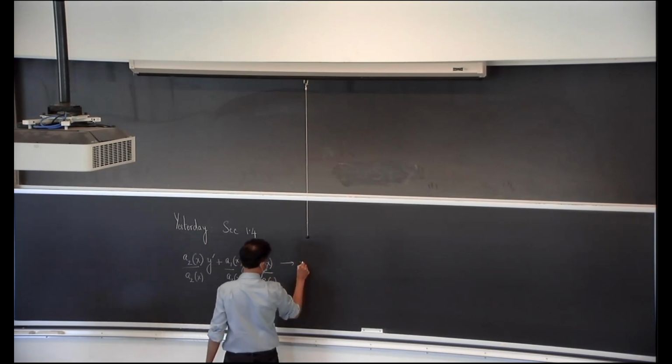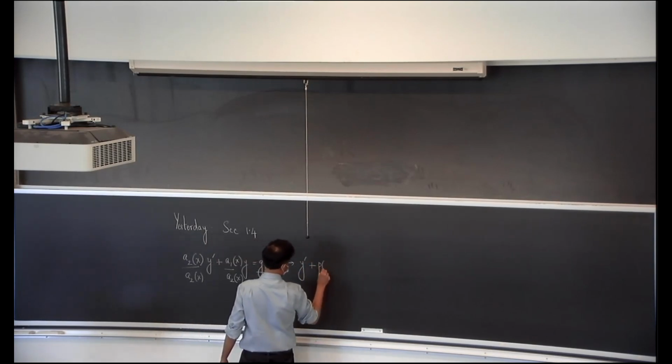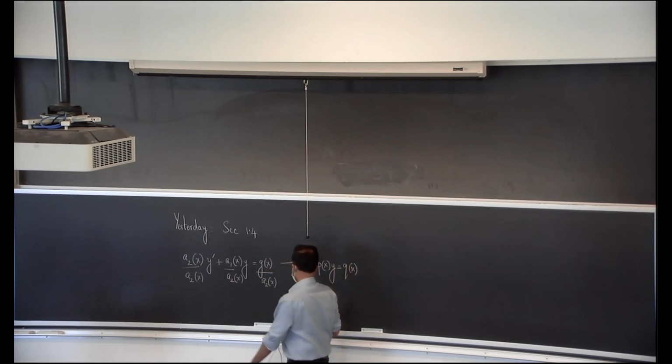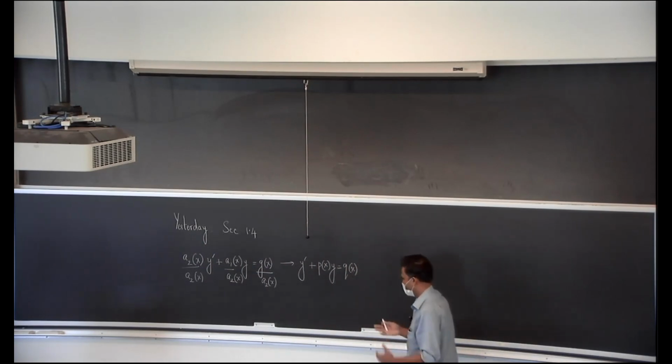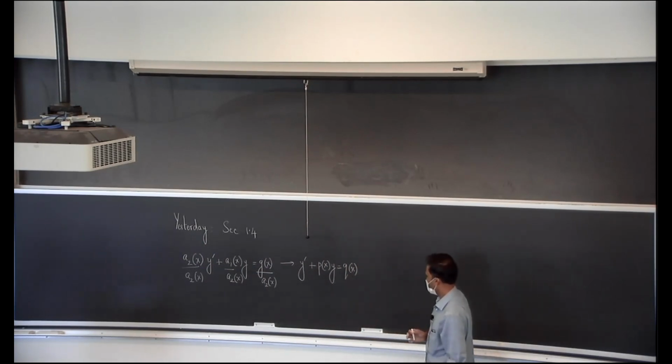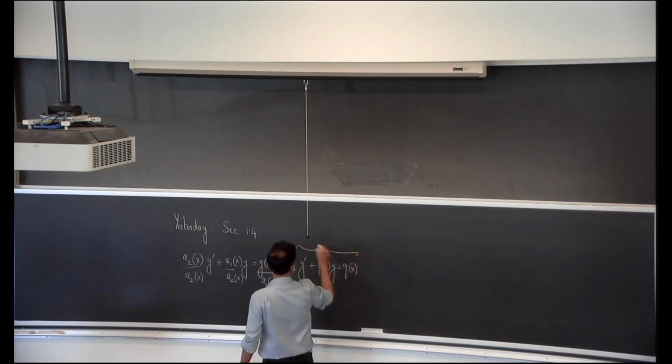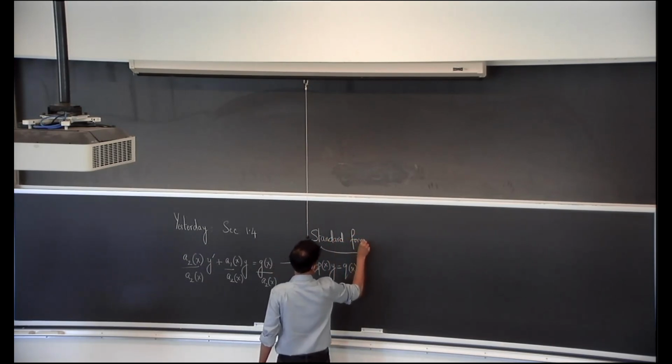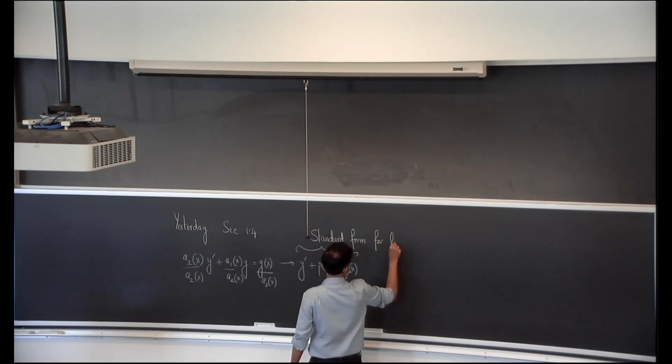And you get y prime plus p of x times y equal to q of x. That is what you would need when you start doing these problems. And this is the standard form for a linear first order differential equation.